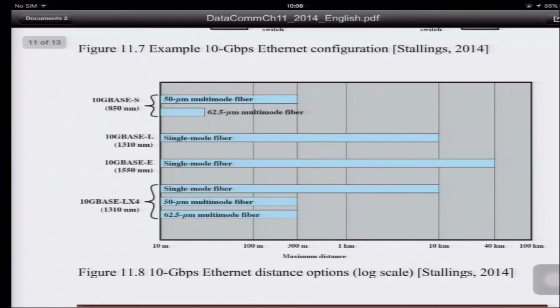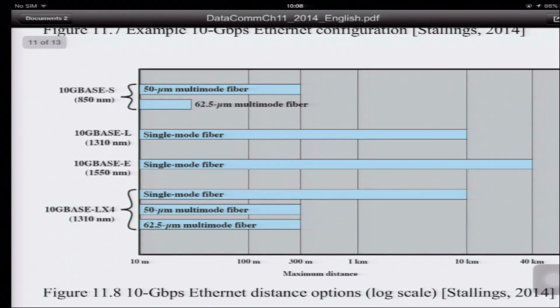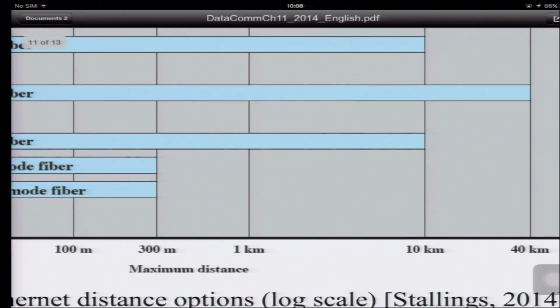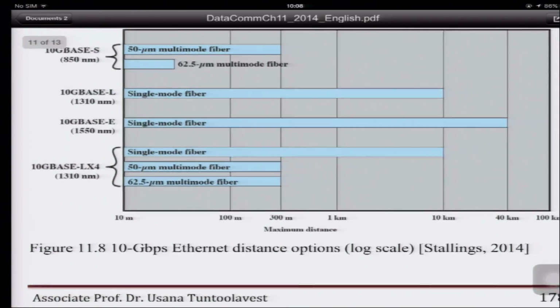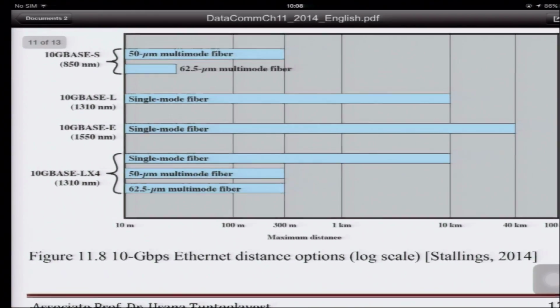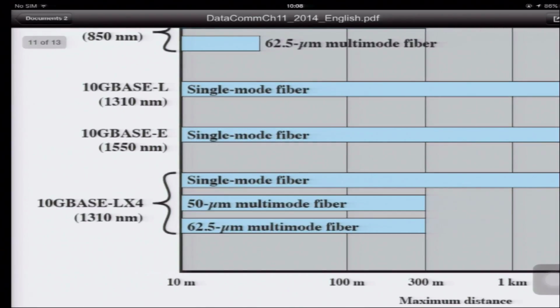This is the 10 gigabit Ethernet distance option. If you want to send to 40 kilometers, you have to use single mode fiber definitely, and also 10GBASE-E, the extended distance, which uses a signal wavelength of 1550 nanometers.